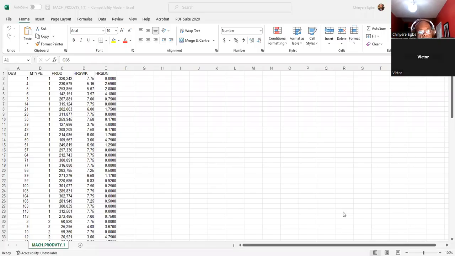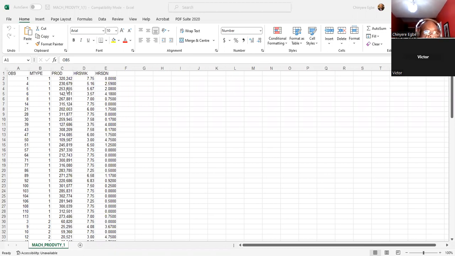All right. So here is data on a machine. And there are three types of machines here: machine 1, machine 2, and machine 3. So we're going to ask ourselves, let us test a hypothesis about machine 1, just machine 1.